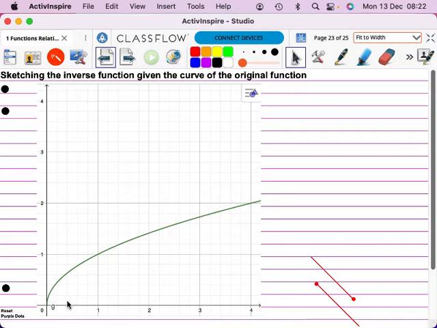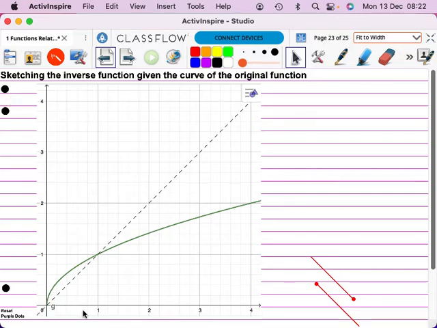So you can see here that 5 small squares is equal to 1, and 5 small squares on the y-axis is also equal to 1. The first step in the process is to draw the line y equals x, which is going to be a diagonal line.